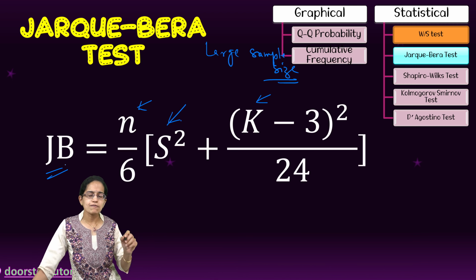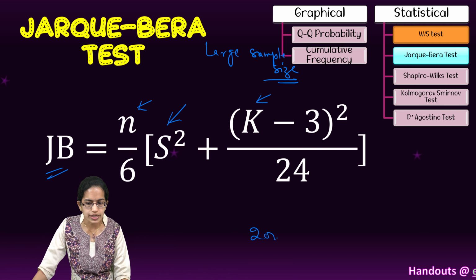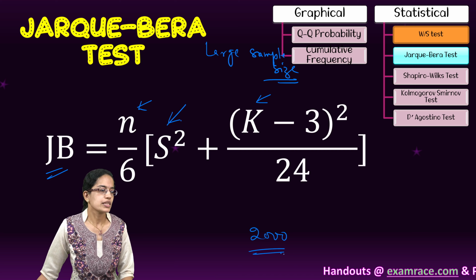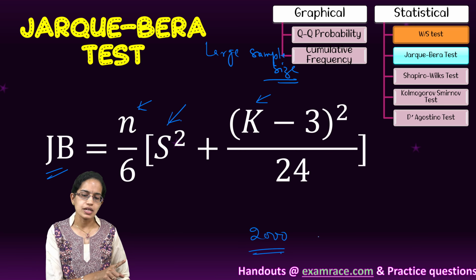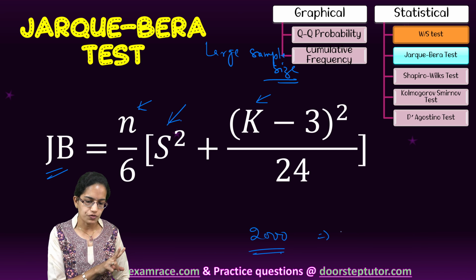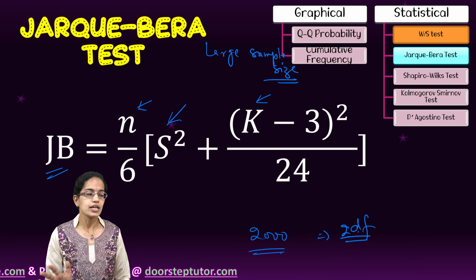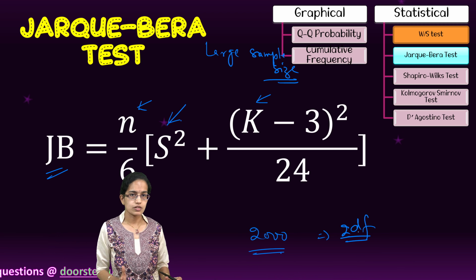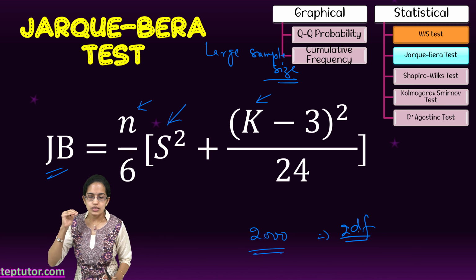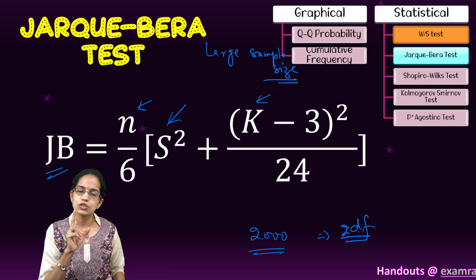For the Jarque-Bera test, if a sample size of 2000 or greater is seen, that means it is comparable to a chi-square distribution with 2 degrees of freedom. Degrees of freedom we have covered separately, so refer to that if you have doubts about understanding the concept. This is where we have the chi-square test with 2 degrees of freedom.